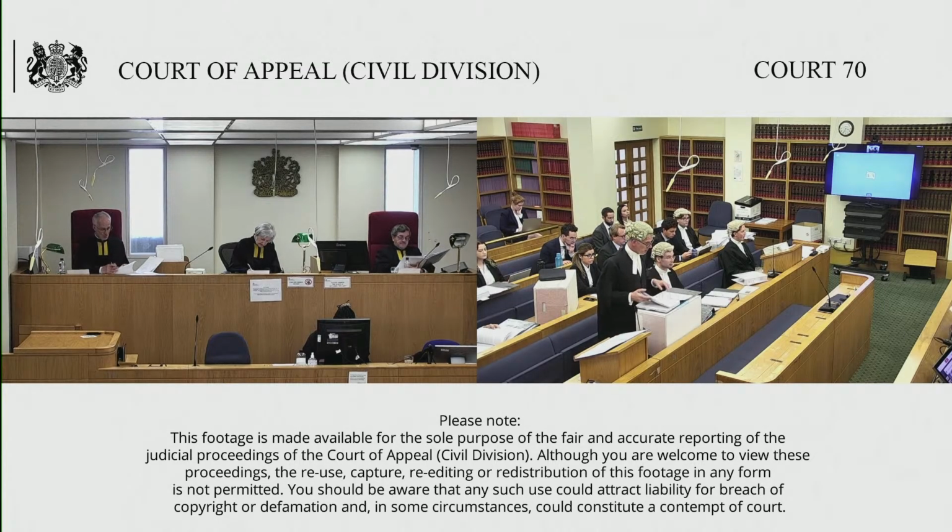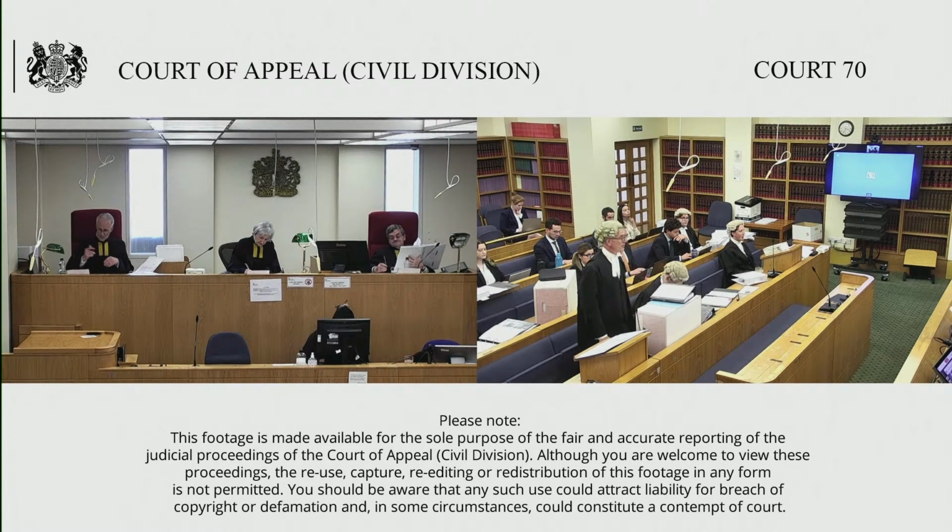Exactly. So putting all of those things together, the answer to ground 2, I'm afraid, is a boring answer, which is the judge was exercising a discretion. None of the grounds that have been identified indicate any error of principle in the way that he exercised his discretion. In fact, obviously, I would go further and say if you look at the facts of this case, you can well understand why he did exercise his discretion that way.